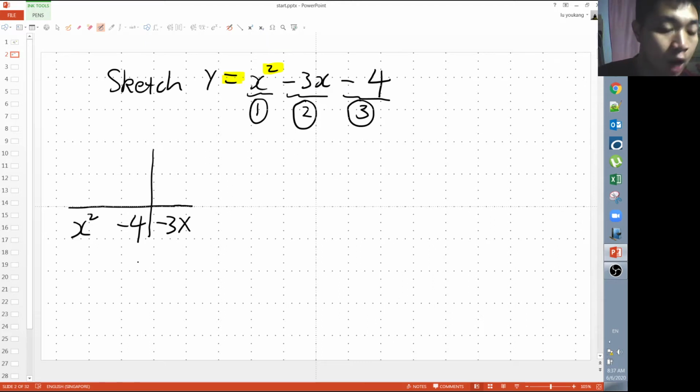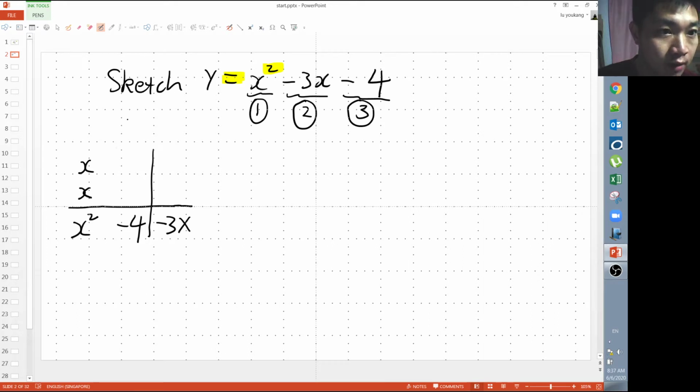Now you have to decide. And by the way, for the x squared here, the only combination that can give you x squared when you multiply them together is x and x, right?